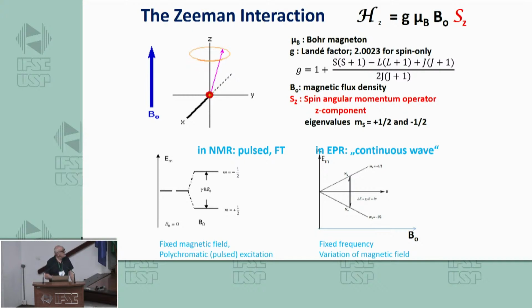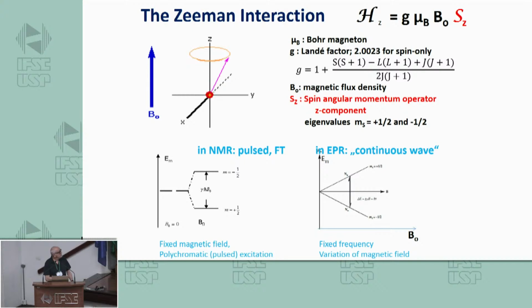The frequency is in the gigahertz region, typically microwaves. 9.5 gigahertz is the principal frequency with which one operates here in São Carlos, but there are other microwave sources that supply higher frequencies. And the magnetic field is being varied from 0 to a maximum value. It's a so-called field sweep method.